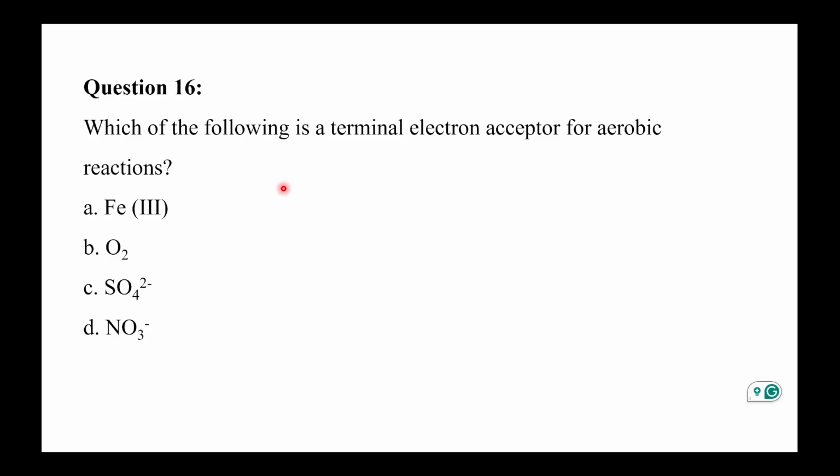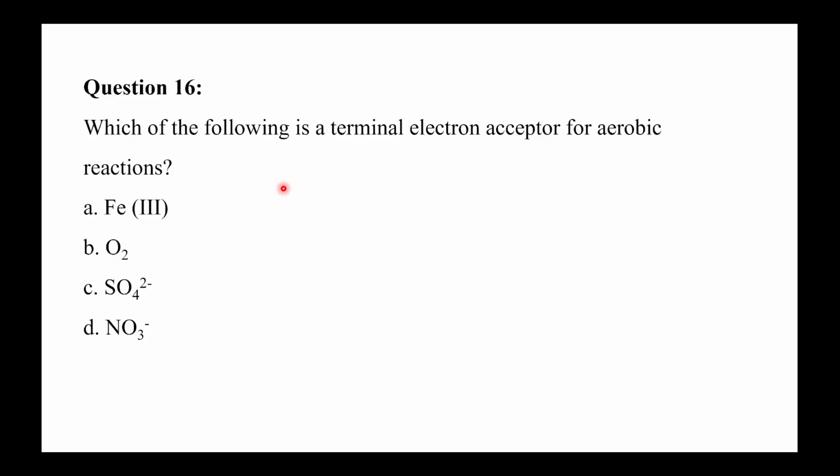Moving on to the next question. Which of the following is a terminal electron acceptor for aerobic reactions? I have told you this also in the previous question. Electrons are transported in the electron transport chain and finally accepted by one molecule.